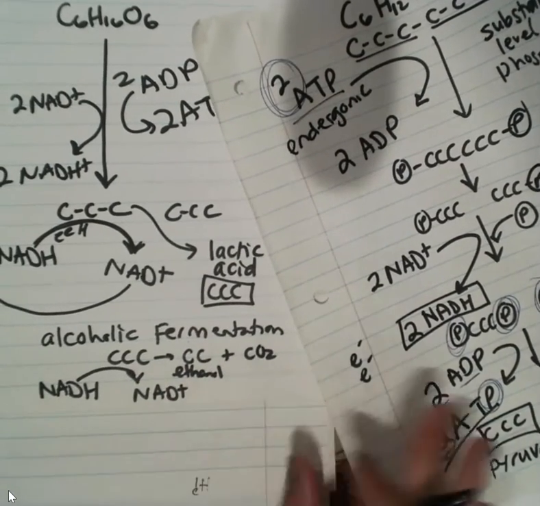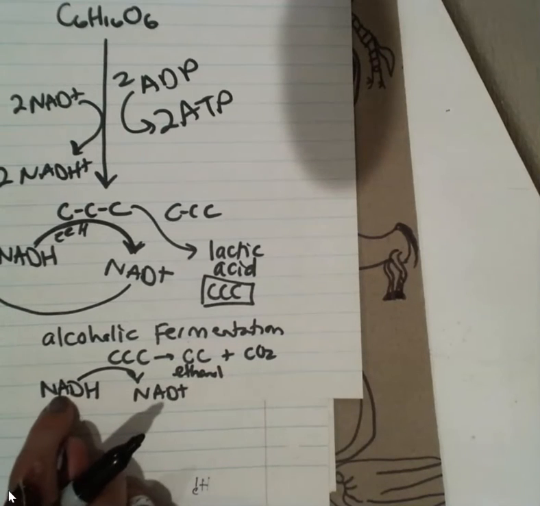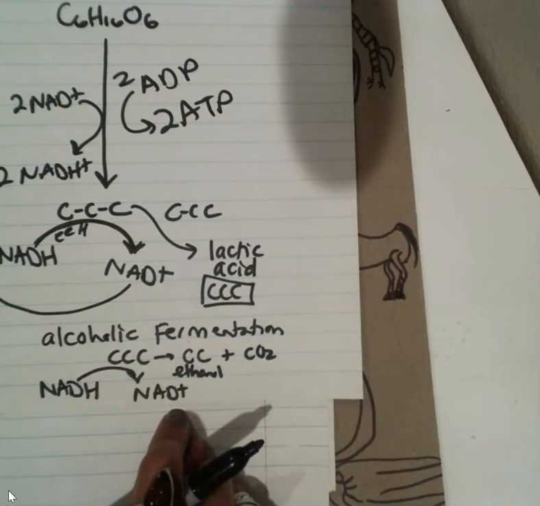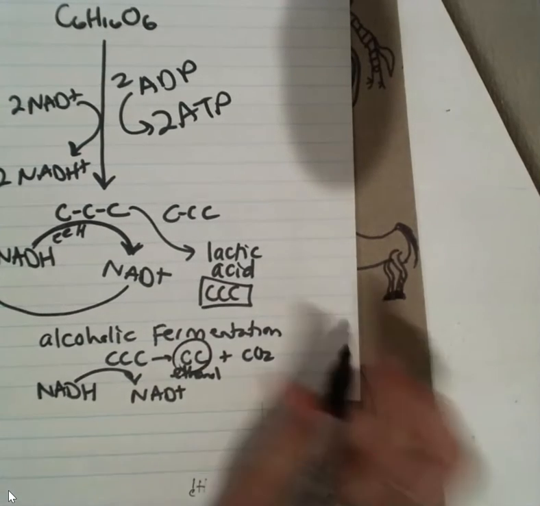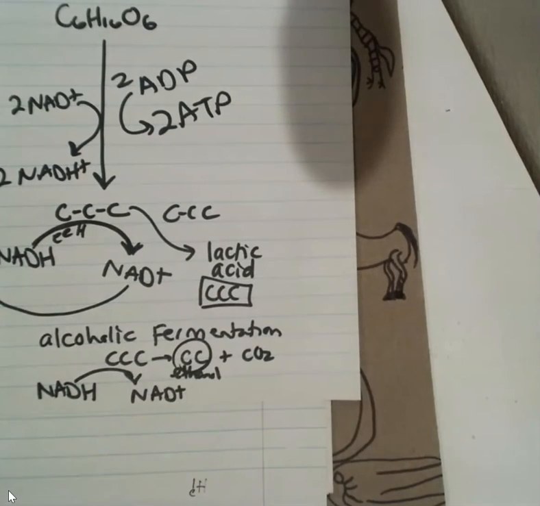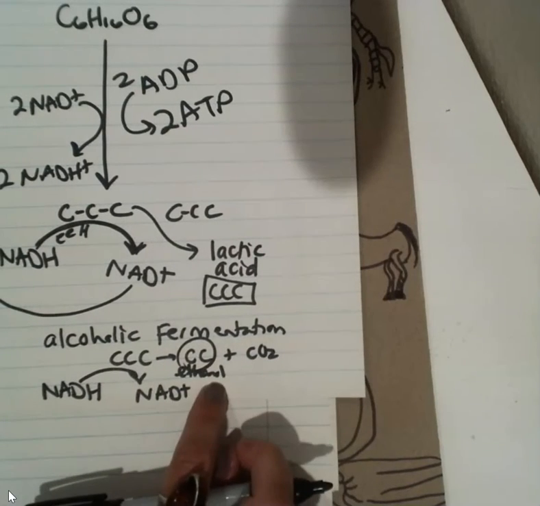So in that chemical reaction, you actually get an alcohol produced. And that's how wine and beer is made, with this alcoholic fermentation.